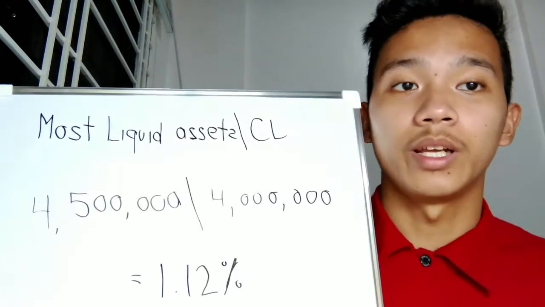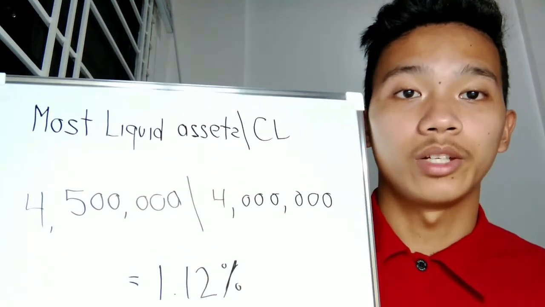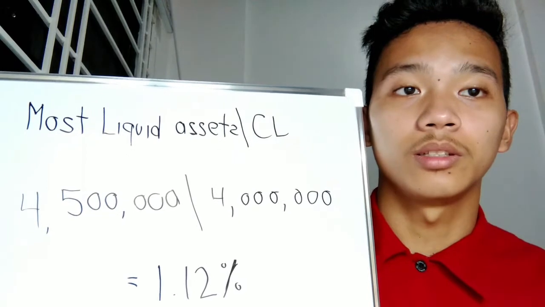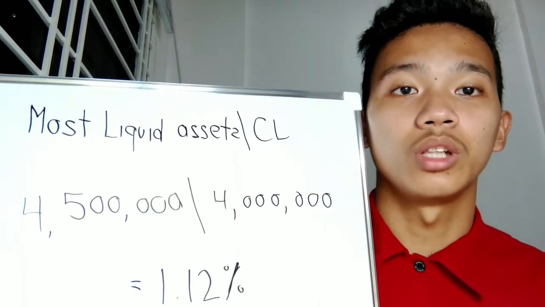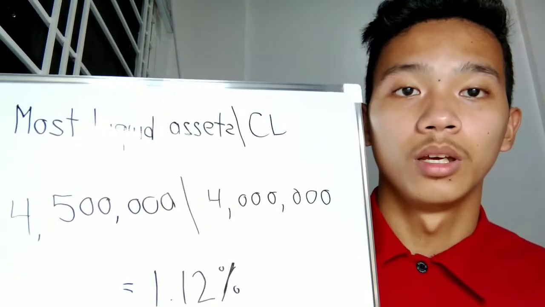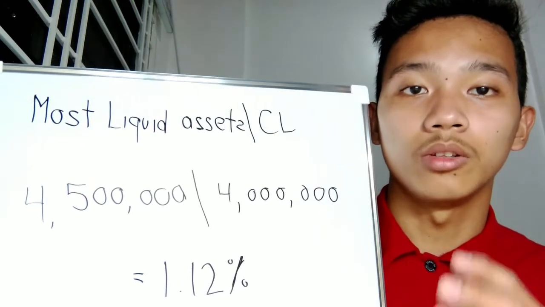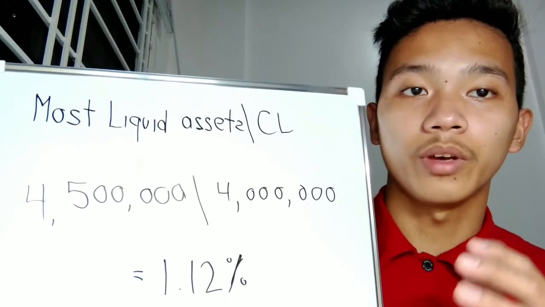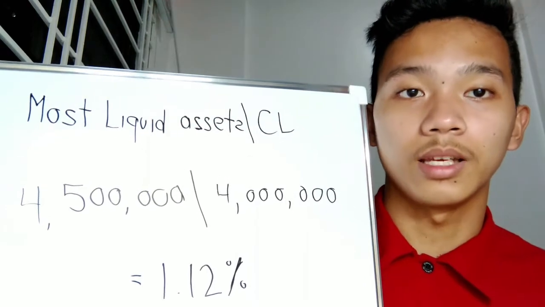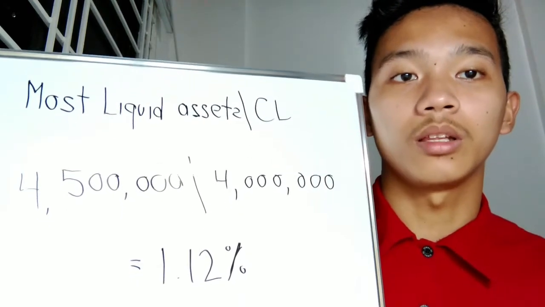Our next formula is for quick ratio. For quick ratio, our numerator is the most liquid assets of the company. Here, the company has only 4,500,000 in most liquid assets, and we divide it by the current liability of the company.